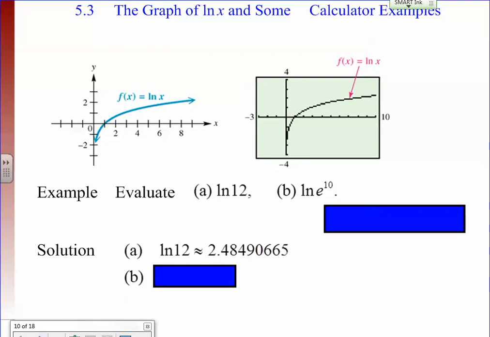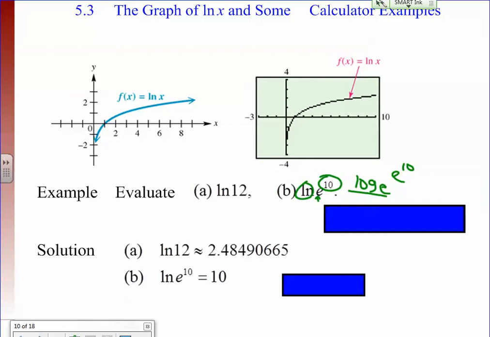Whenever we take the natural log of something to the e power, we're going to get that exponent, right? Because this is log e to the 10th. But we just write ln as log of e. Okay, so that's going to just equal 10. Same properties we had before.